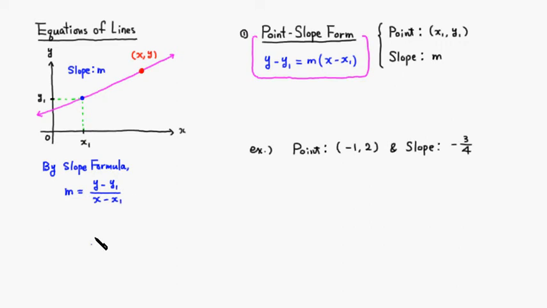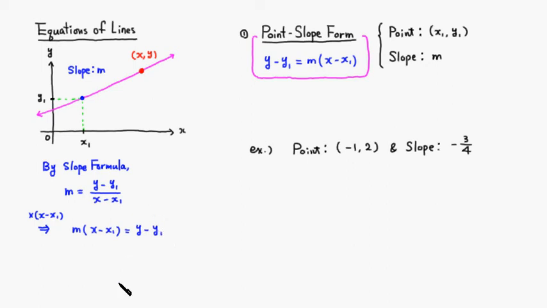And since I don't like fractions, I'm going to multiply both sides by the denominator on the right hand side, quantity x minus x1. That will give you m times quantity x minus x1 is equal to y minus y1.